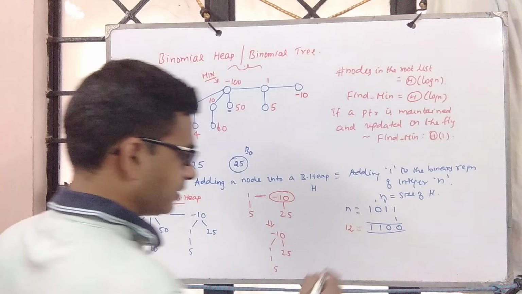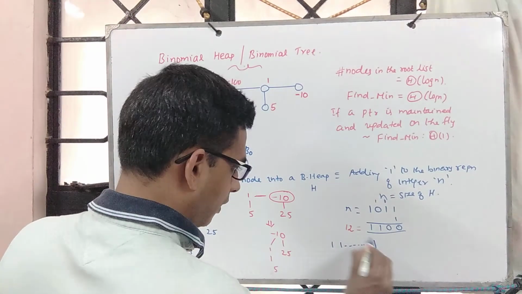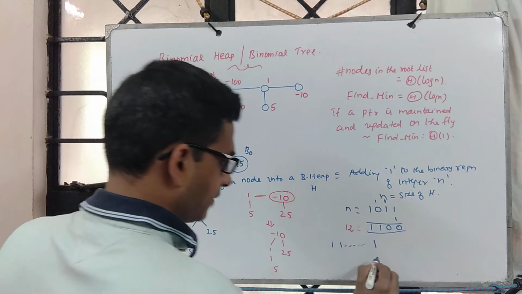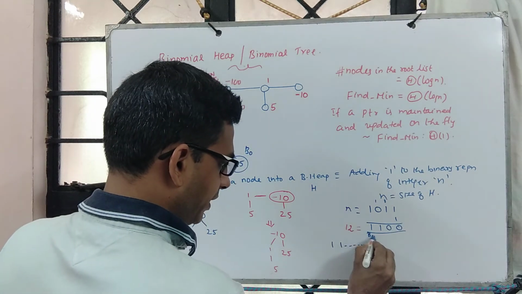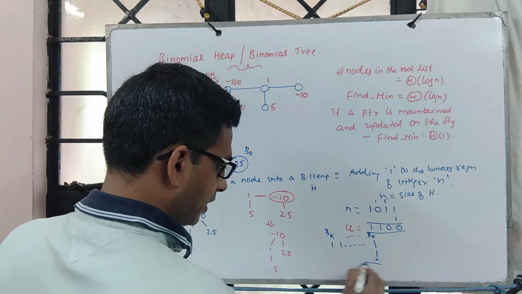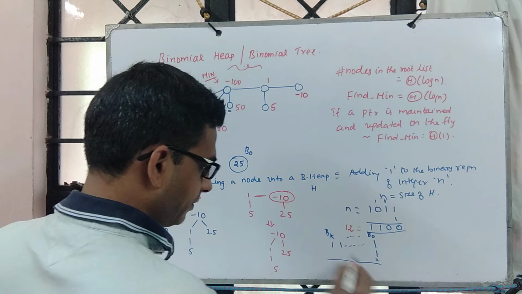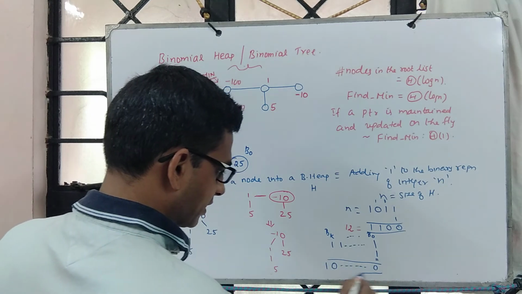So the worst case scenario is the following. You have all of them as part of this, you add a node, and so which means you have B0 to Bk, and the addition of this one destroys all of them and creates a Bk plus 1 structure.